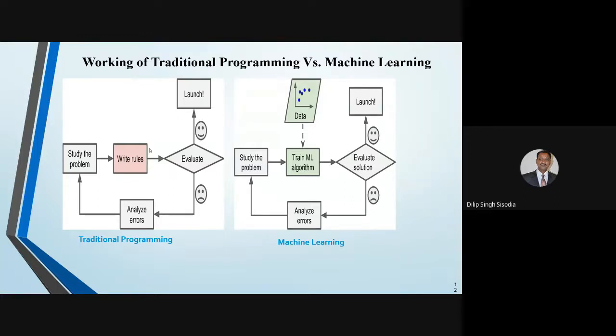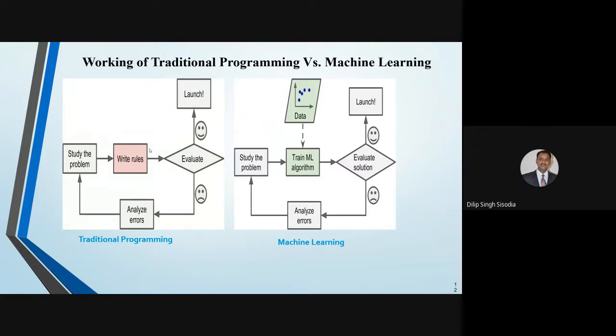Suppose doctors are reading x-rays, then the doctor must be aware that this spot will indicate this disease. Then we write rules, like if the diameter of a circle is more than this, then this will be the disease. So we write the rules and evaluate. If there is an error, we analyze again, and iteratively we perform this process.